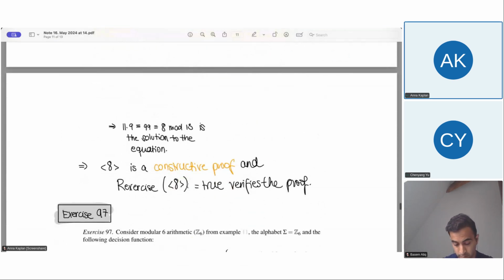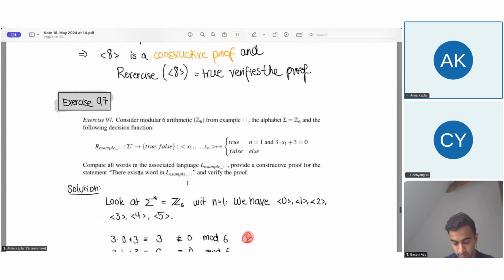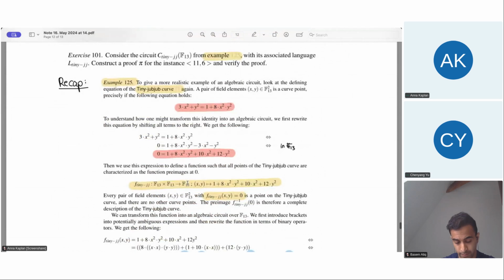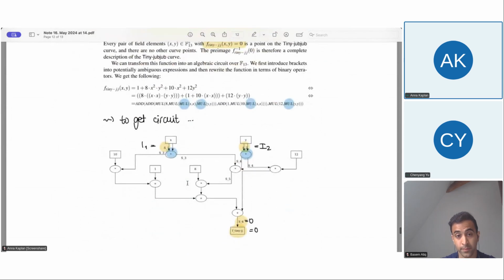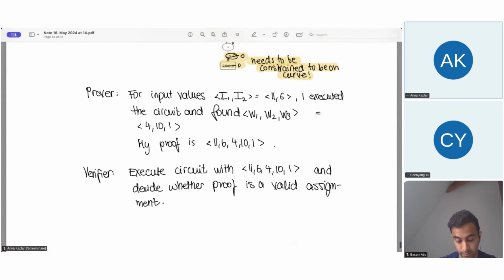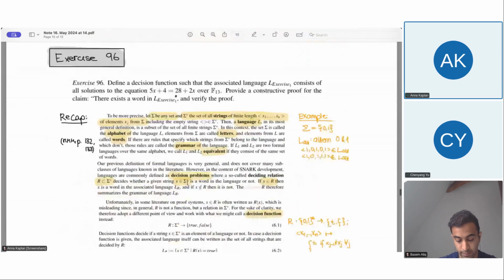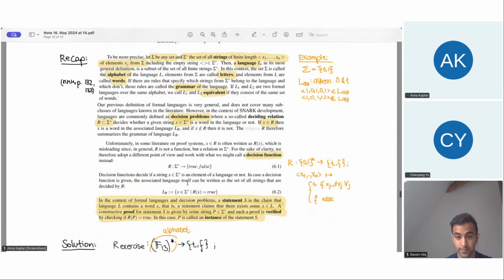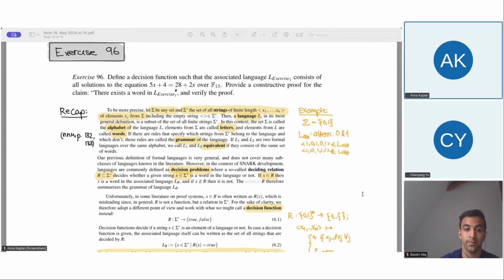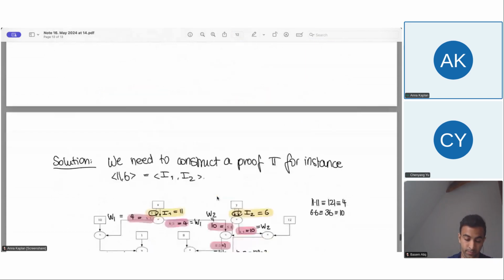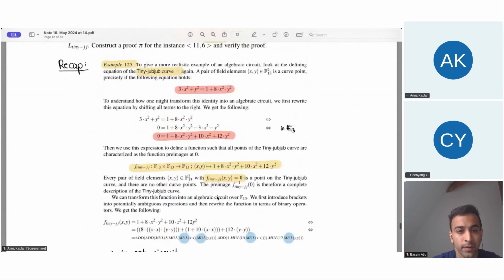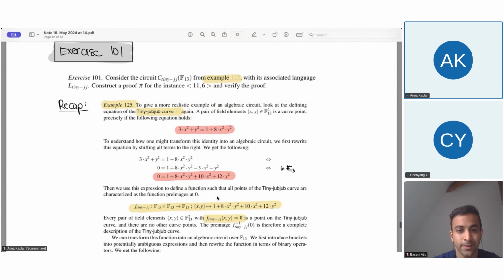I don't really remember mentioning a lot about K. I don't see a K here. Okay, it was the last exercise. Okay, no worries. Now I'm just curious what the K is. Okay, so this was the last exercise.